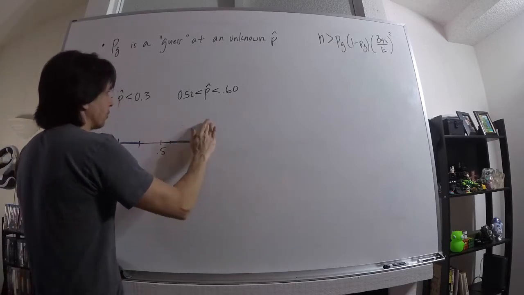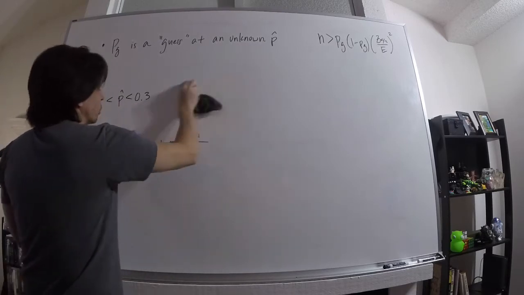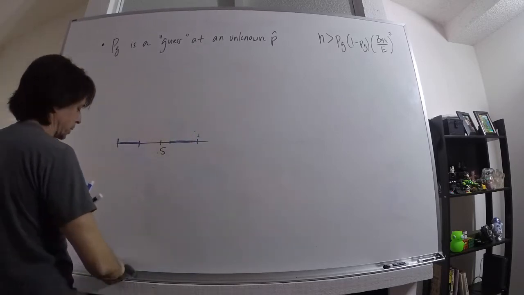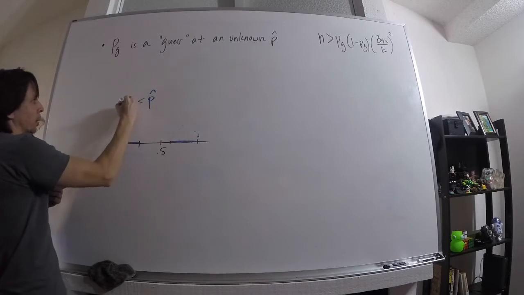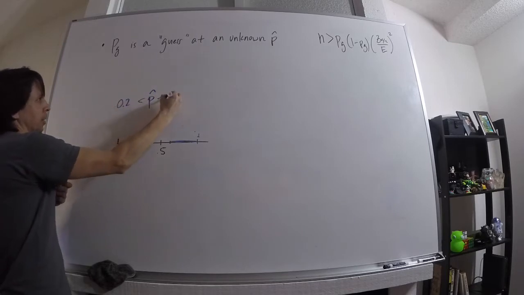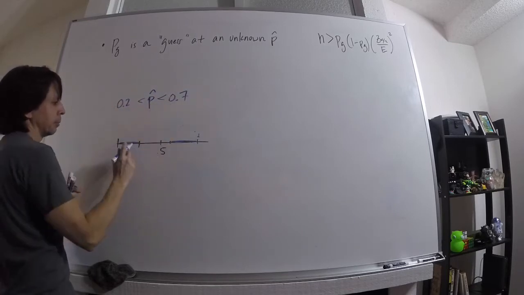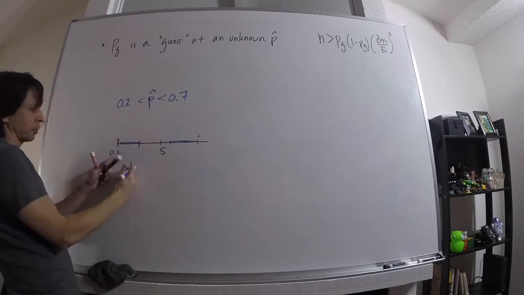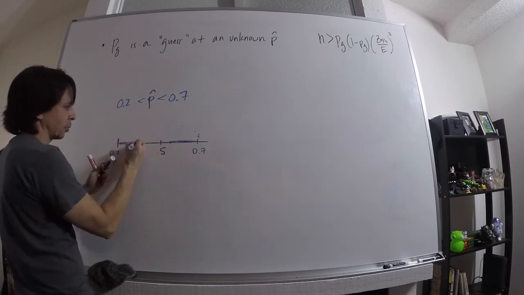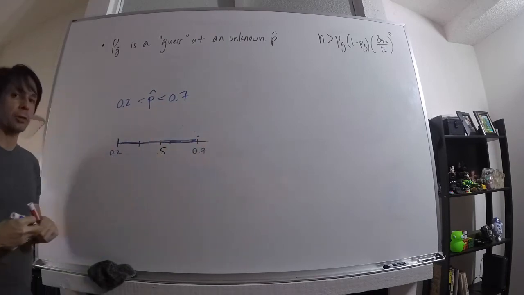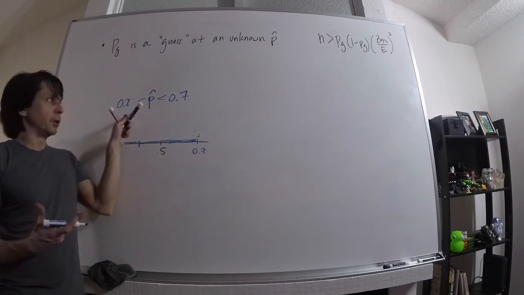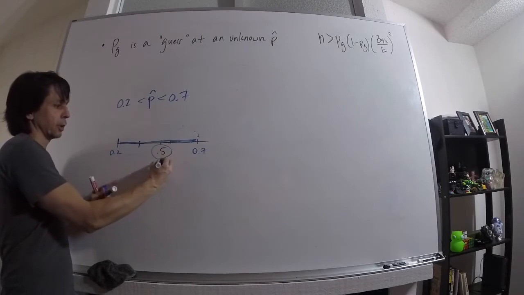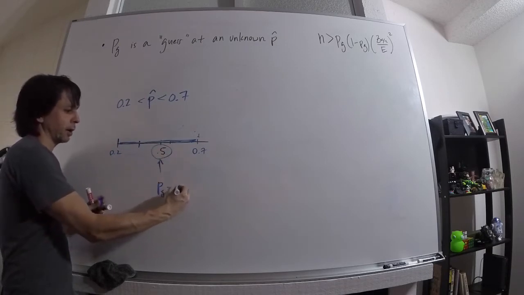Now, one more time, and then don't worry, you're not going to have to do this, because I'm going to tell you what you're going to be doing. If for some reason you know that P hat was between 0.2 and 0.7, somewhere in that range, you want to pick the value that's closest to 0.5. If your interval spans 0.5, you're literally going to pick PG equal to 0.5.